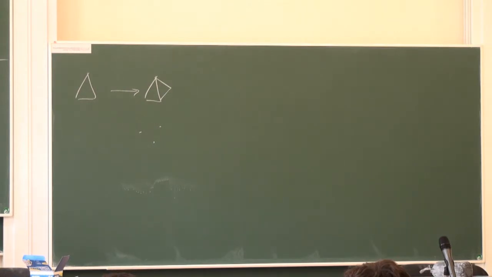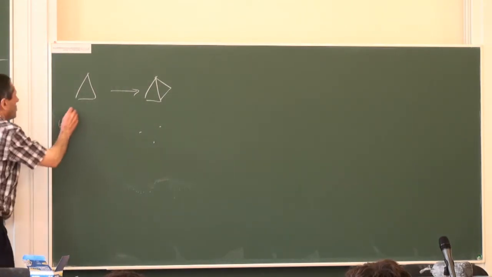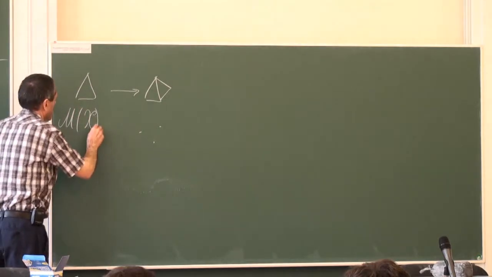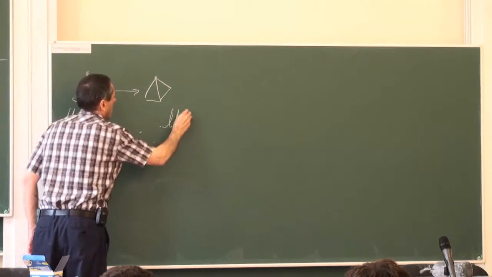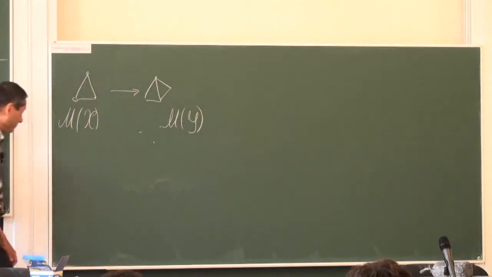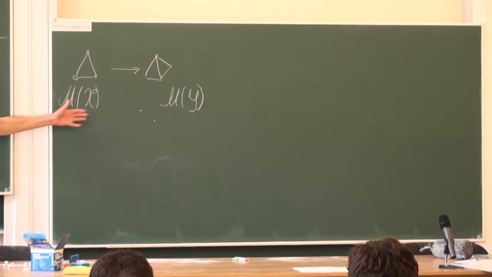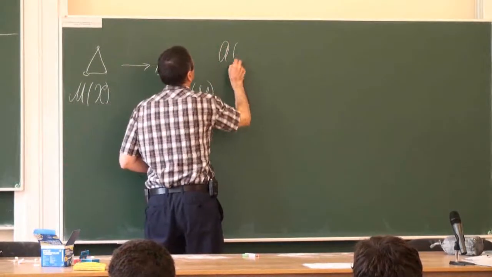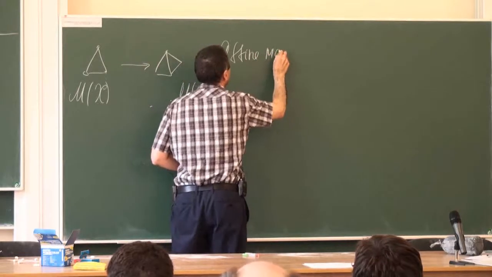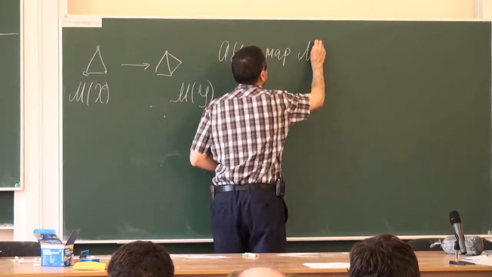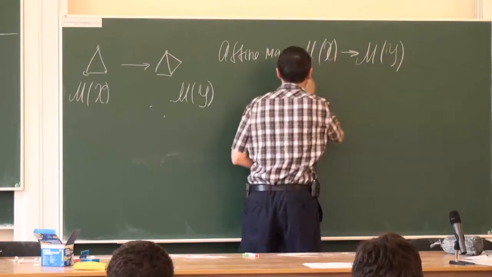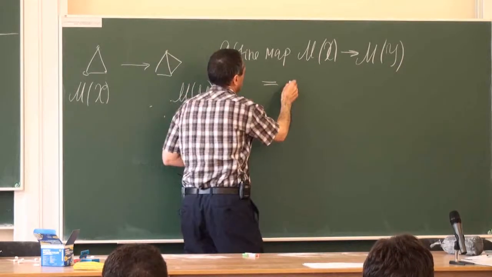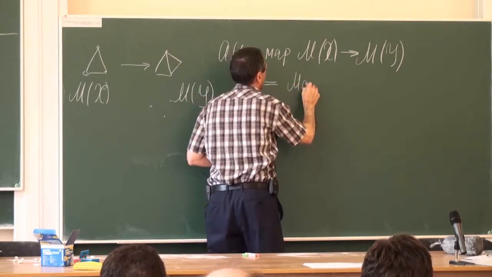But if you identify a simplex with the set of probability measures, where X is the set of vertices here, we see that in the discrete case, an affine map is the same as a stochastic matrix. So an affine map is the same as a Markov kernel, one can say.